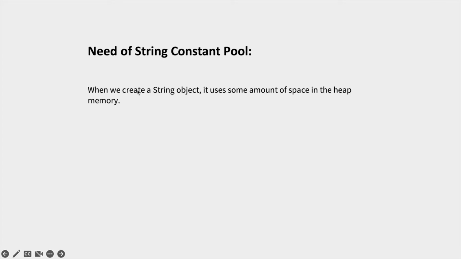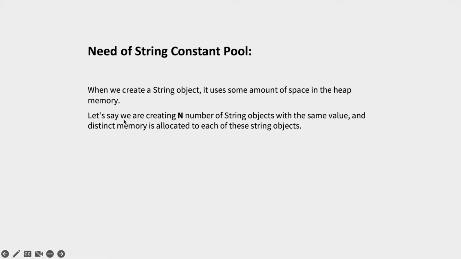Now let us understand why this string constant pool is needed. When we create a string object, it uses some amount of space in the heap memory. Let us say we are creating n number of string objects with the same value, that means the same content, and distinct memory is allocated to each of these string objects.